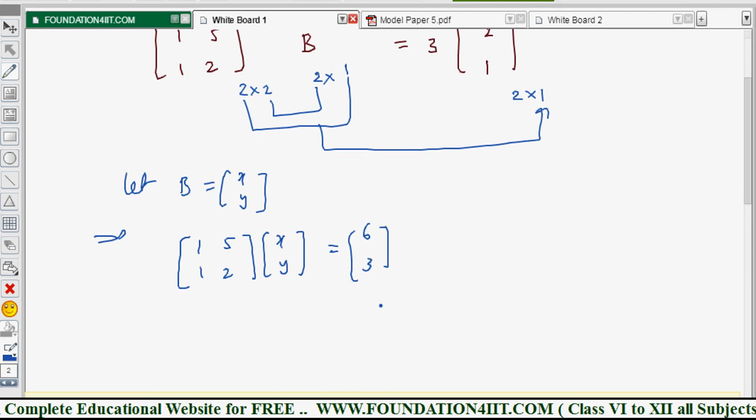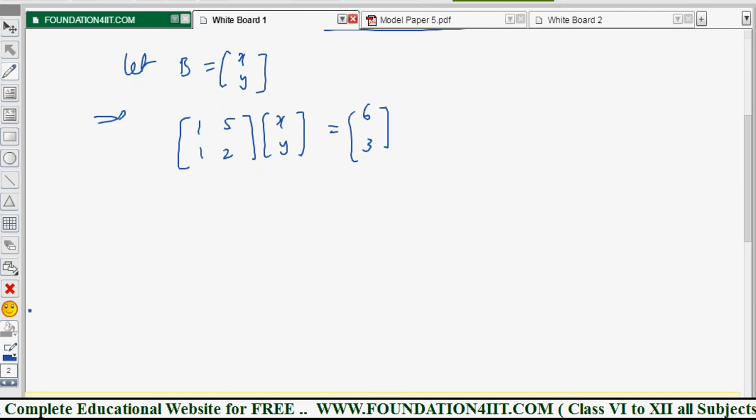Now multiply the first two matrices. Using the matrix multiplication process, first row, first column gives x plus 5y; second row, first column gives x plus 2y, which equals 6 and 3.